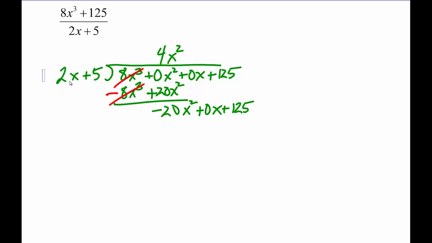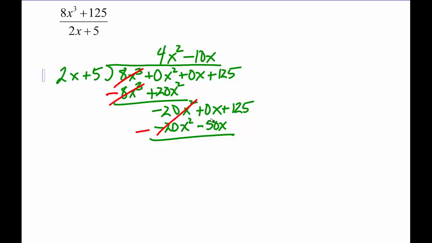All right, so now we ask ourselves, 2 goes into negative 20x squared negative 10x times. So we do negative 10x times 2x, just repeating the process again, gives us our negative 20x squared. And then negative 10x times 5 is negative 50x. And of course, we subtract again.